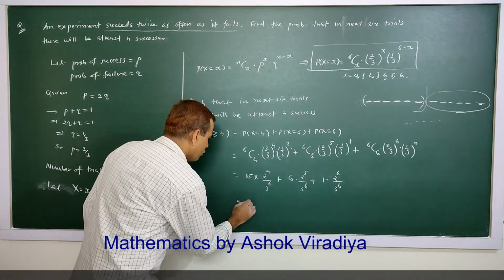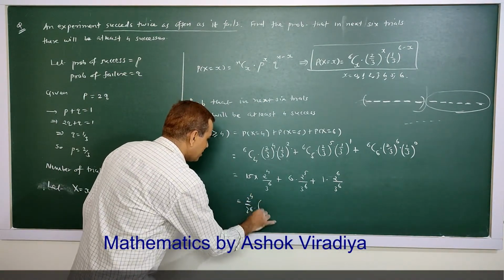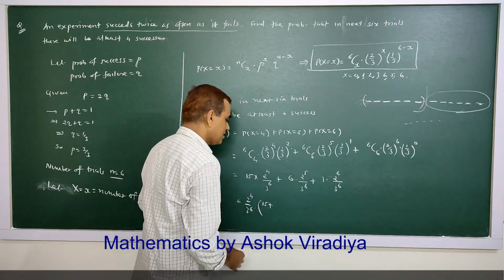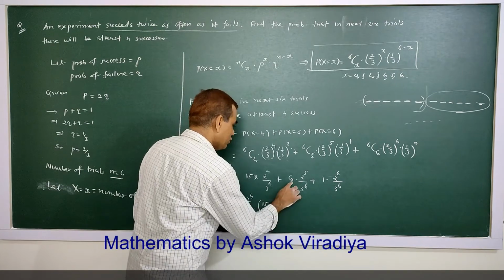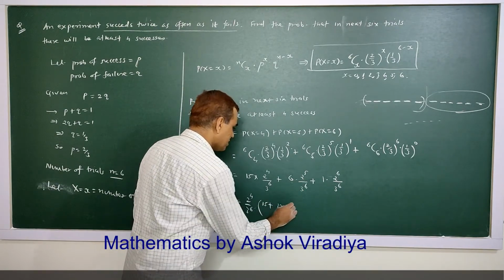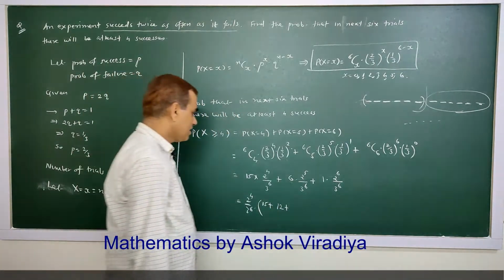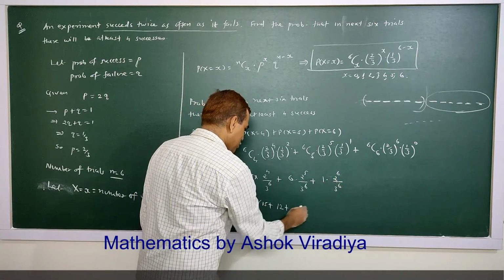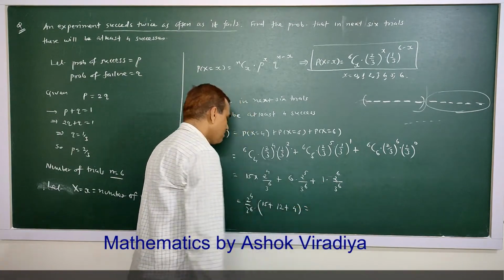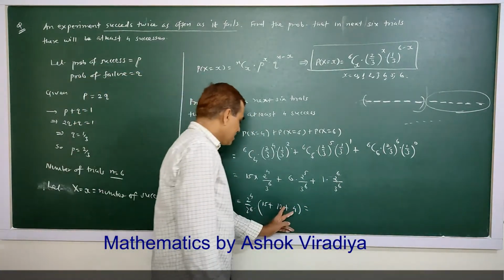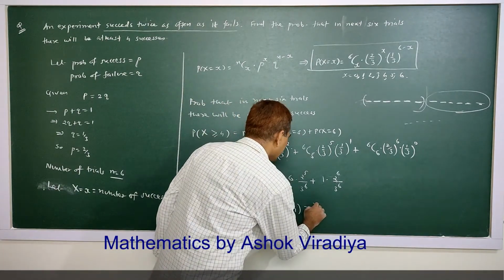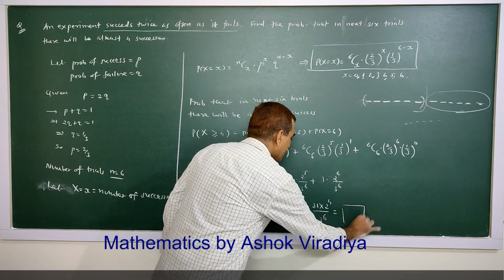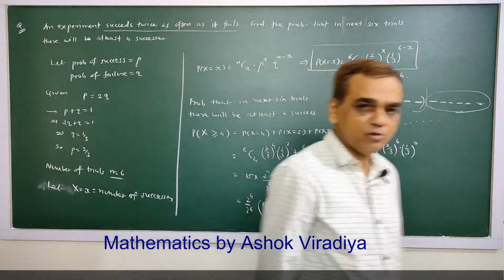So 2 raised to 4 upon 3 raised to 6 is common, into bracket: 15 is left, plus here 6 into 2, 12 is left, plus here 1 into 4, 2 square is left, so 4. So this is 15 plus 12 plus 4, that is 31, into 2 raised to 4 upon 3 raised to 6. Using a calculator, you can calculate this value.